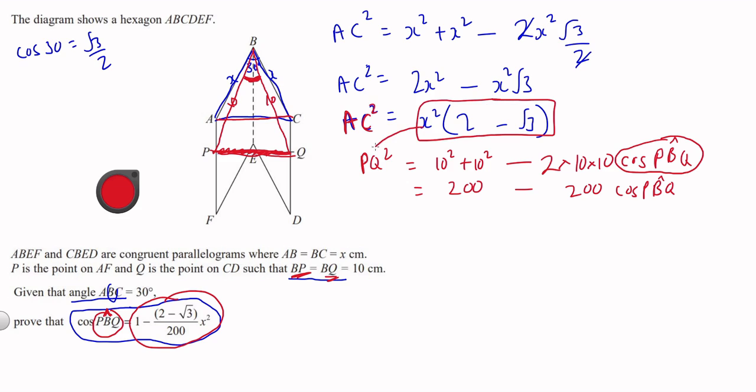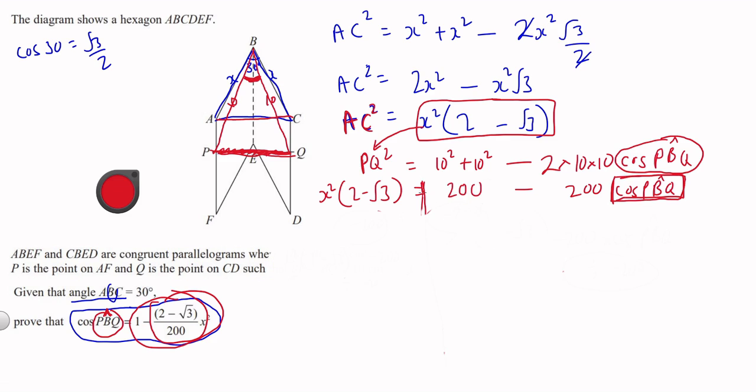So I can just put it in here. You can see it's kind of looking like what's needed. What I can do now is rearrange this to make cos PBQ the subject of the formula. So let's work with that.